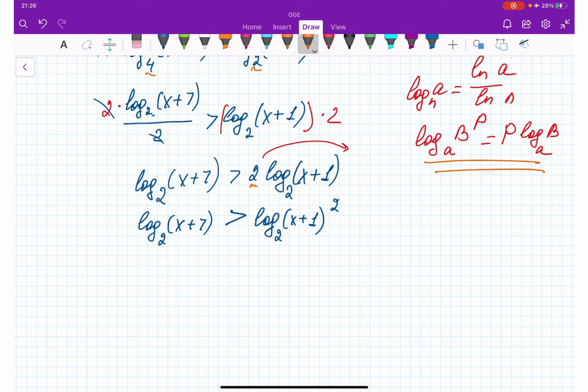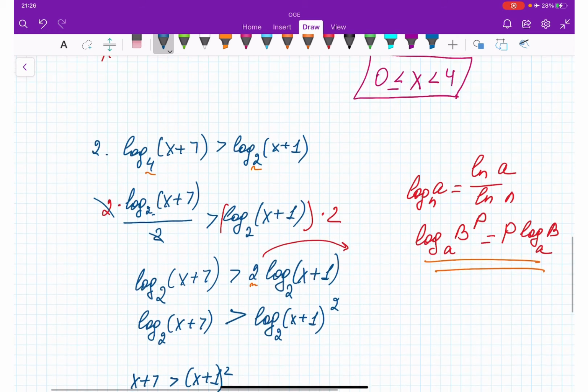So what we're going to do next, since the bases of logs are the same, I can drop these logs and have only x plus 7 greater than x plus 1 squared.